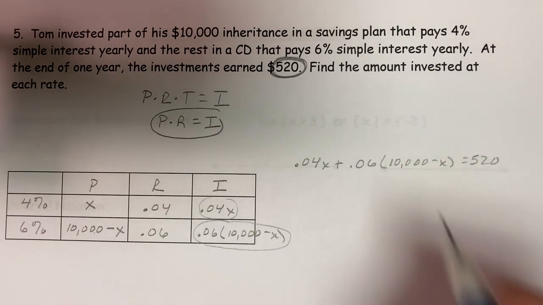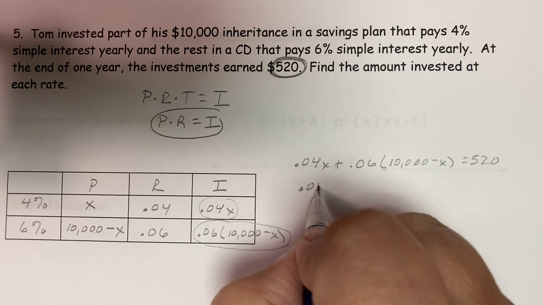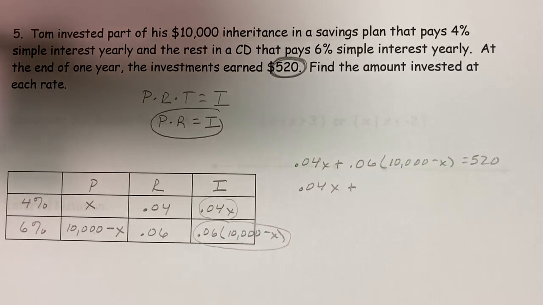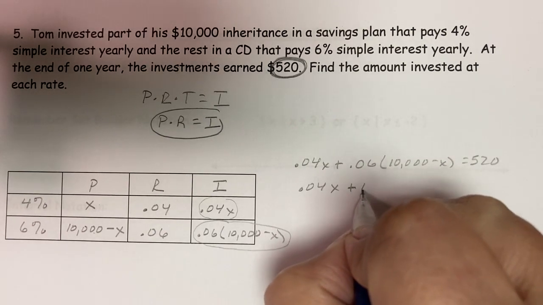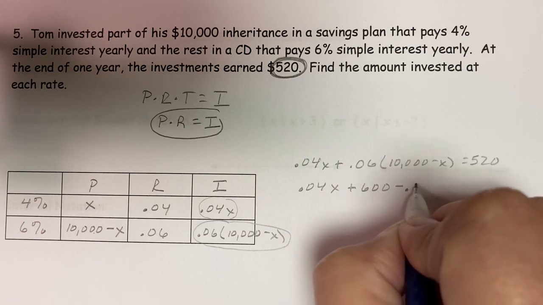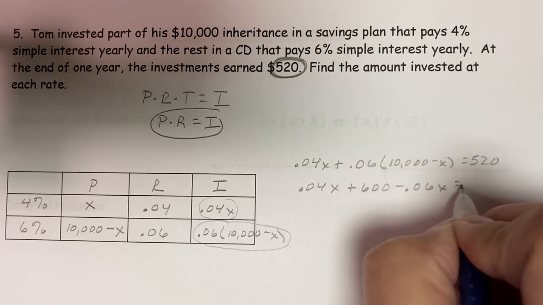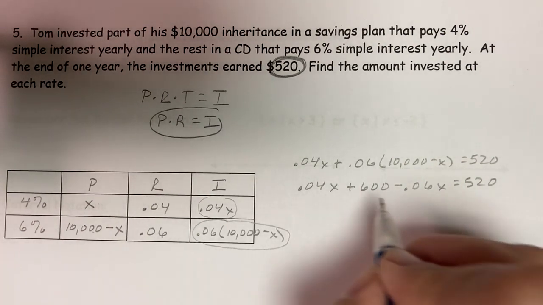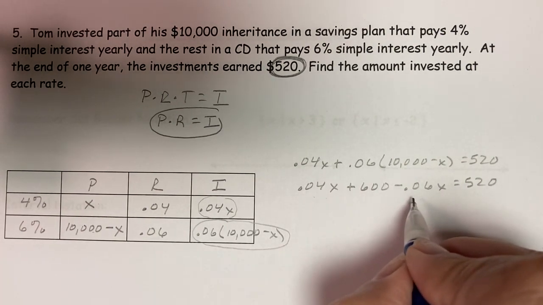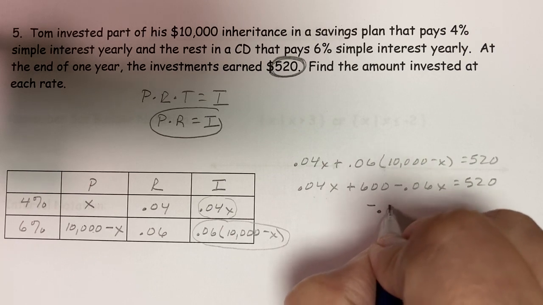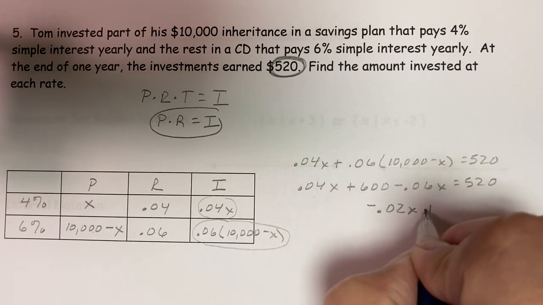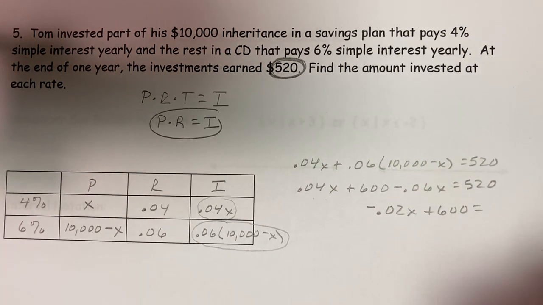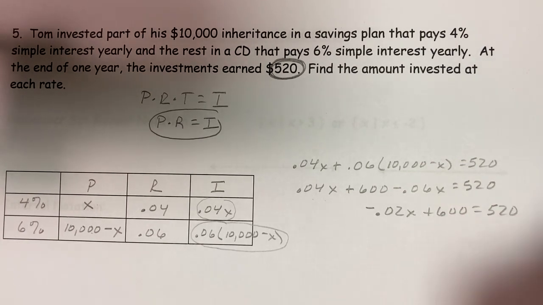All right, so here we go. Let's distribute. So 0.04x plus, what's 10,000 times 0.06 is 600, minus 0.06x is equal to 520. If I combine my like terms, 0.04 minus 0.06 is going to be negative 0.02x plus 600 is equal to 520.